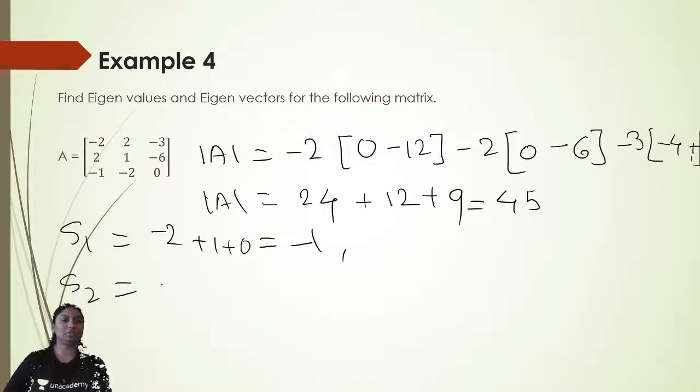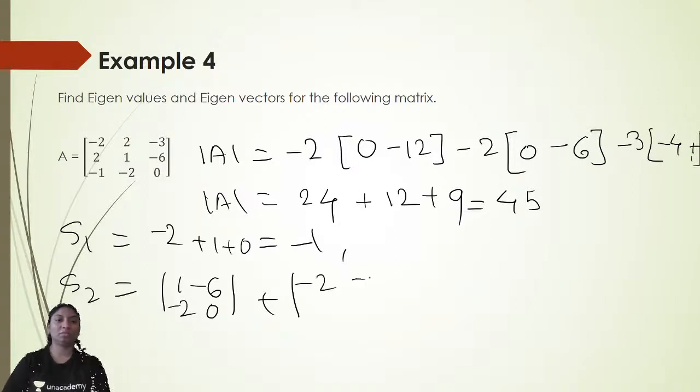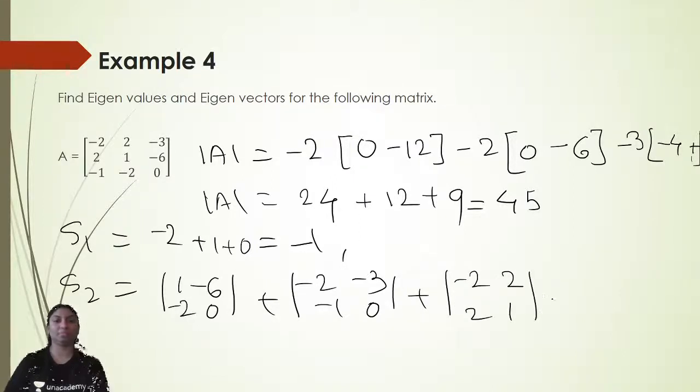S2 is equal to determinant of 1 minus 6 minus 2, 0 plus determinant of minus 2 minus 3 minus 1, 0 plus determinant of minus 2, 2, 2, 1, 0, minus 12, 0, minus 3, plus 2, minus 4, minus 6.